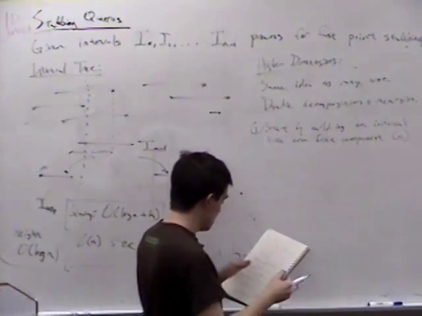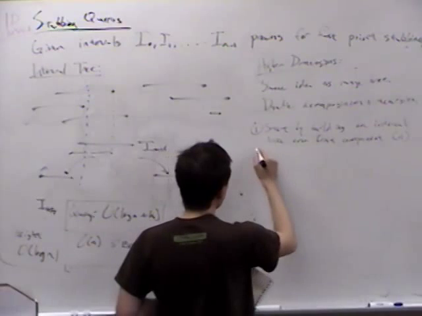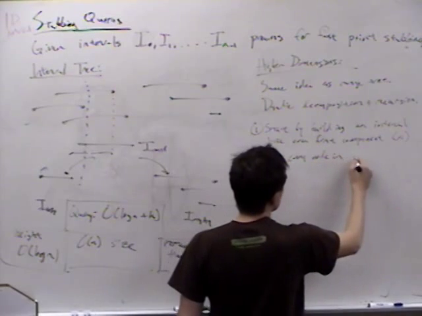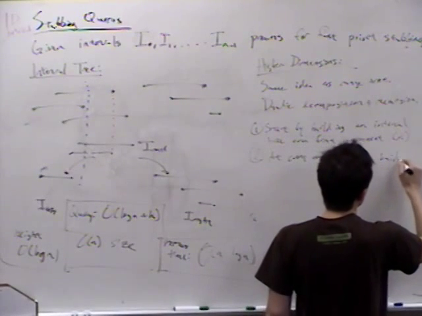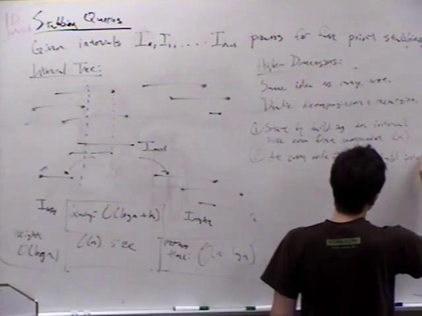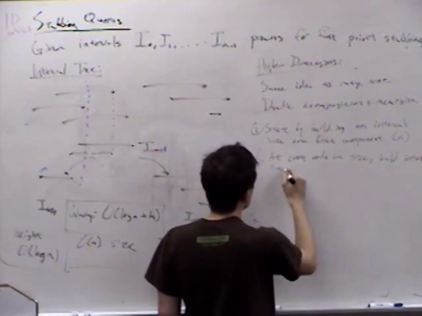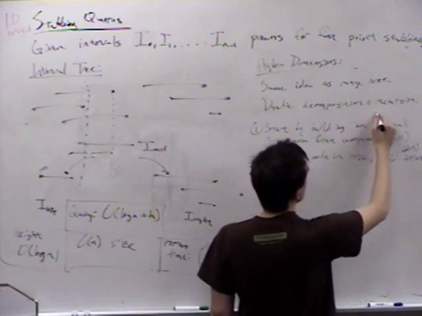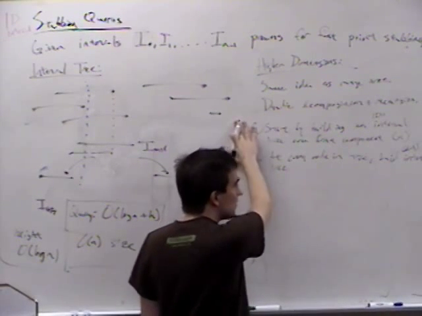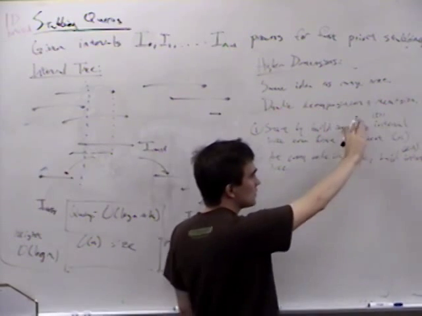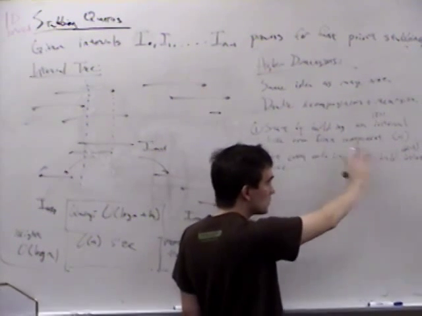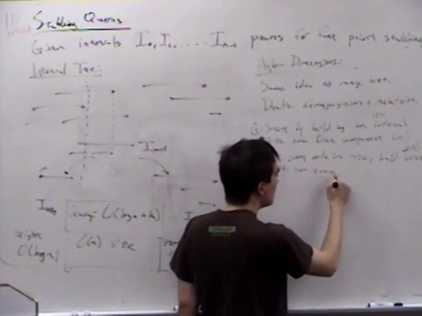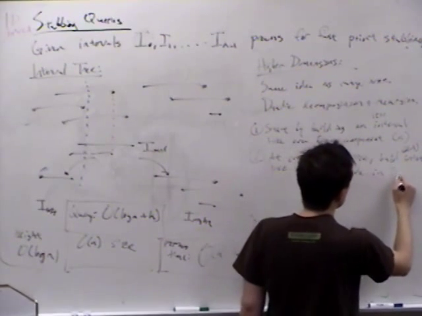Then we'll build a d minus 1 interval tree. So we'll start out by building a 1D interval tree. This is how we get to d-dimensional interval trees. To build a d-dimensional interval tree, we first build a 1D interval tree, then build a d minus 1 dimensional interval tree for every node in the 1D tree.